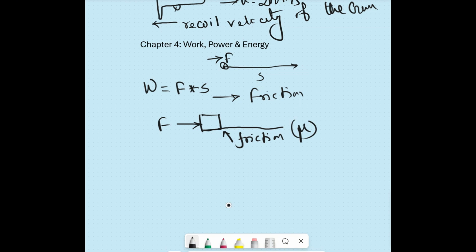Anyways, afterward, there is a very important topic within this chapter, that is power and energy, right? So energy is actually of two types. One is potential energy, another one is kinetic energy.